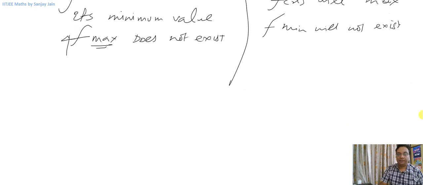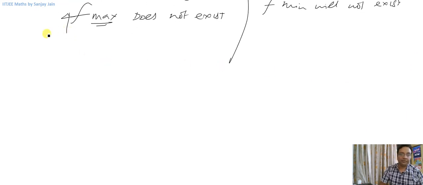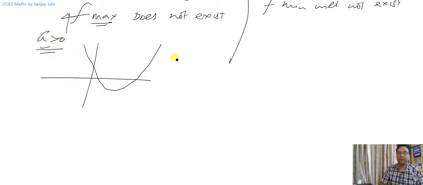And when we draw the graph, when a is positive, right, the graph of this quadratic opens upwards, right? That means it has got certain minimum value, but it hasn't got any maximum value. Maximum does not exist. Minimum we know will exist when x is equal to minus b by 2a, and what will be the minimum value?